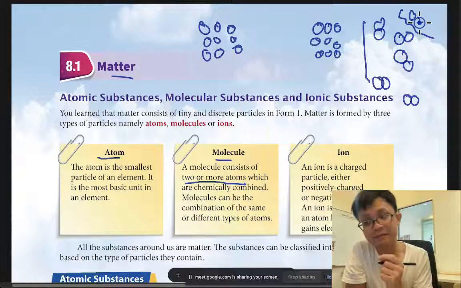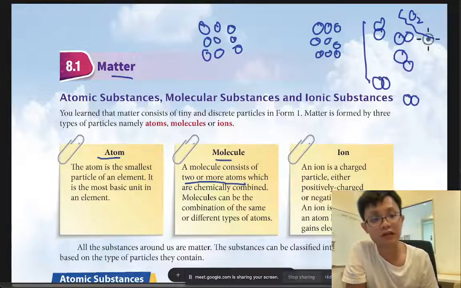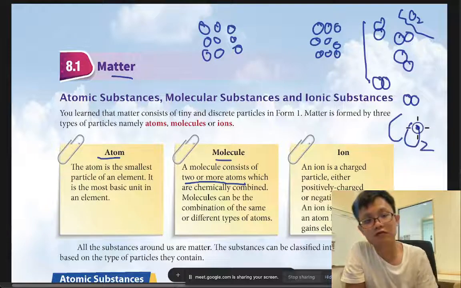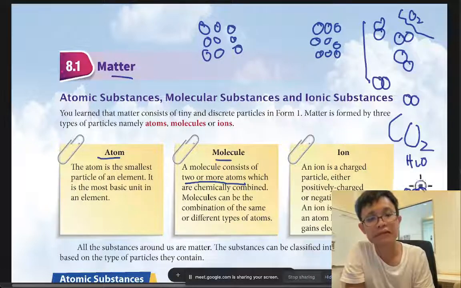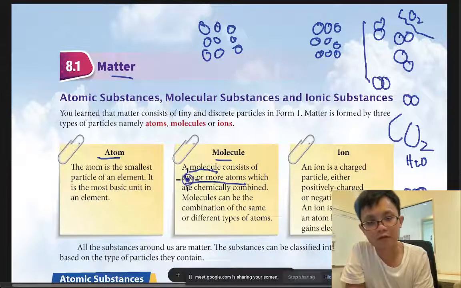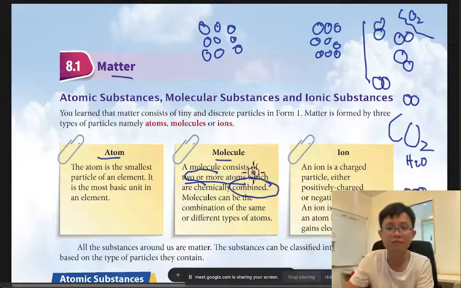Oxygen is an atom. Oxygen molecule is a molecule, or CO2. Okay, CO2 or H2O, if I can draw it, it will become like this, like a Mickey Mouse. So this is for example water, H2O, because H2O is the combination 2 or more atom, or here is chemically combined. You need to know it combined.